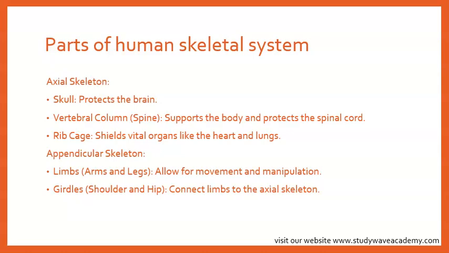Then the pelvic girdle, your hip bones, connects your spine to your legs. So the appendicular skeleton is all about your arms, legs, and the connections that help you move and do things. Do we understand? So we've looked at the two parts of the human skeletal system: the axial skeleton and the appendicular skeleton.